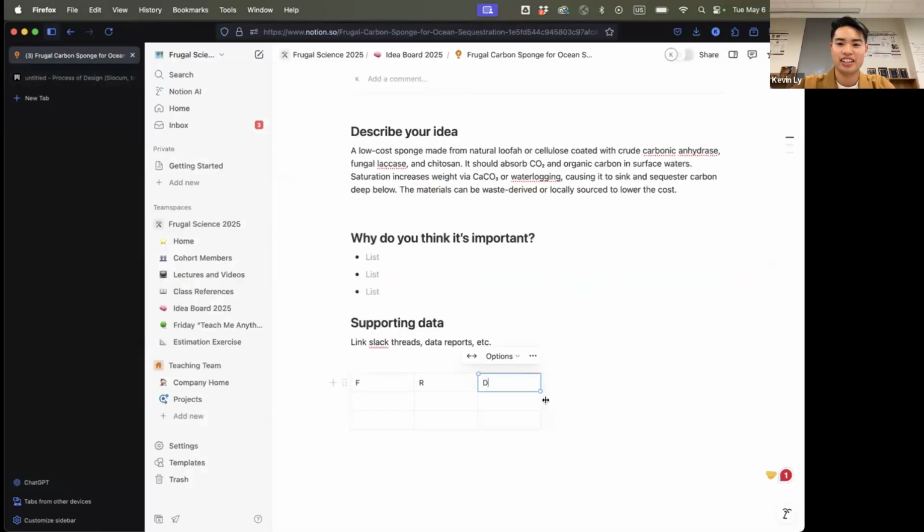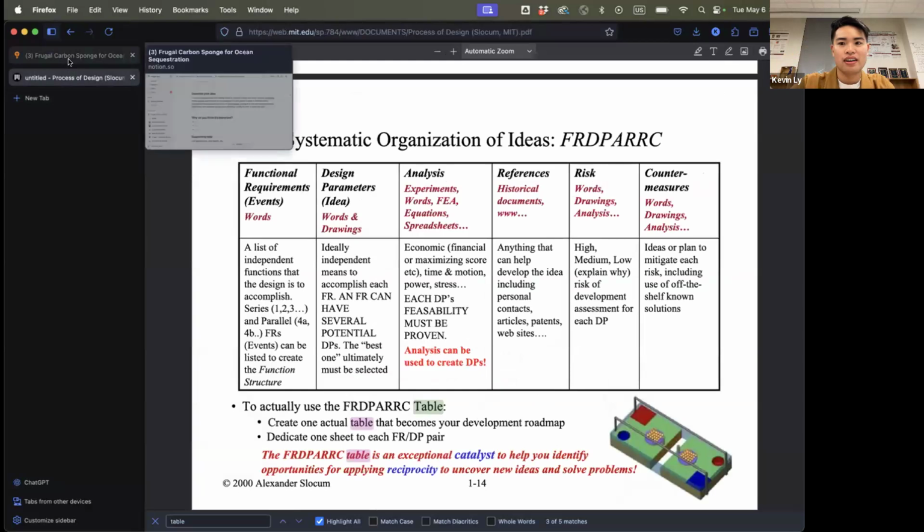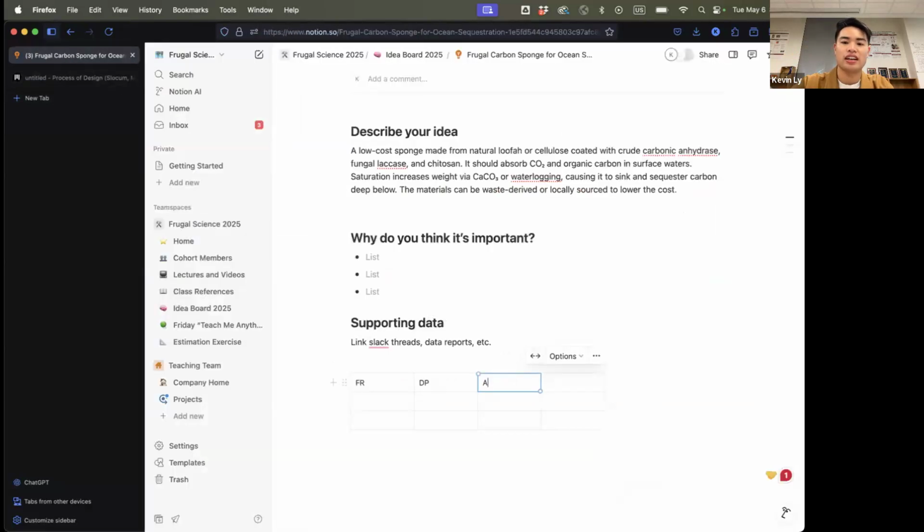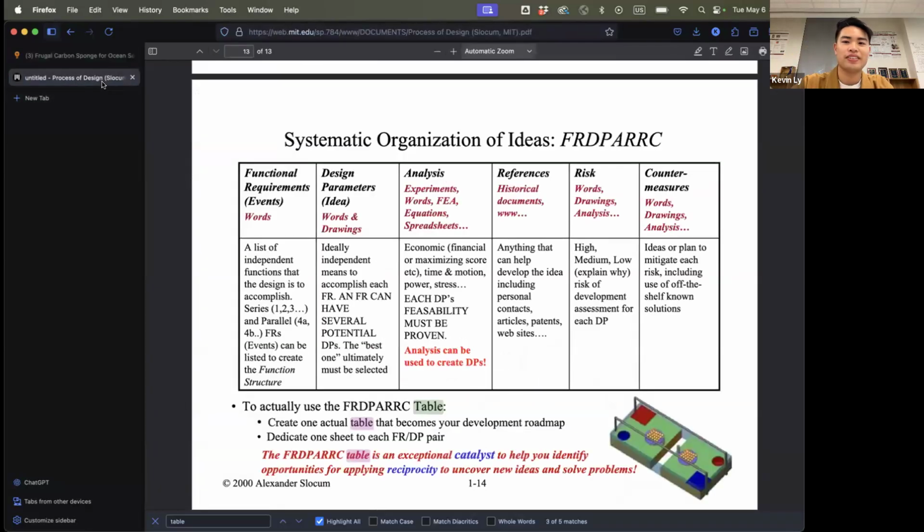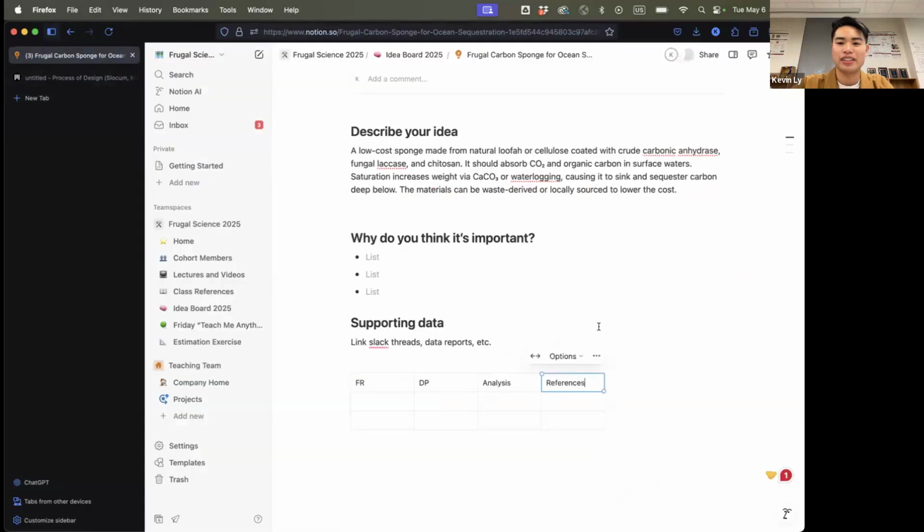Okay. Design parameter, functional requirements, analysis, references. Am I forgetting something? Okay, and then countermeasures.